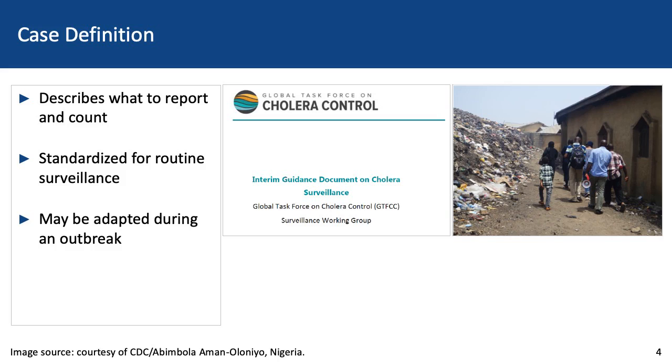Applying a case definition successfully is often important for linking individuals to appropriate treatment services, also known as case management. Pictured here is a field team in Abuja, Nigeria, conducting active surveillance in the community during a declared cholera outbreak. The community is located directly next to a massive garbage heap, representing significant environmental challenges for improved sanitation.